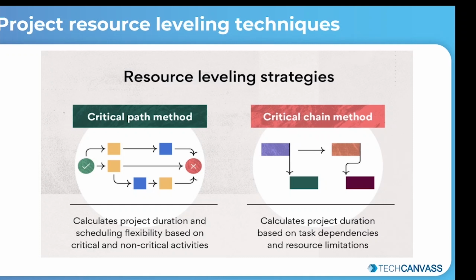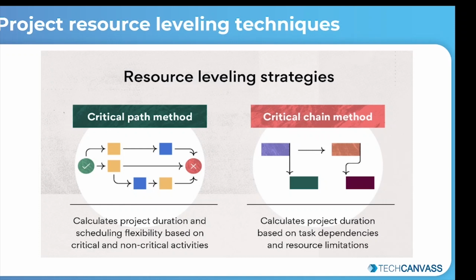Here are some resource leveling strategies you can apply to your team. Critical path method. The critical path method is a common resource leveling technique that is used to calculate project duration without taking resource limitation into account.